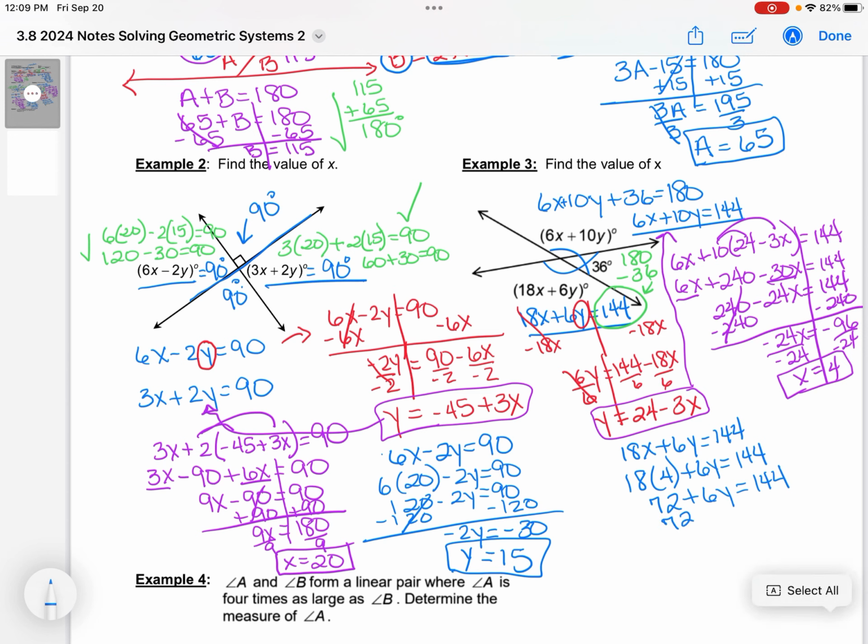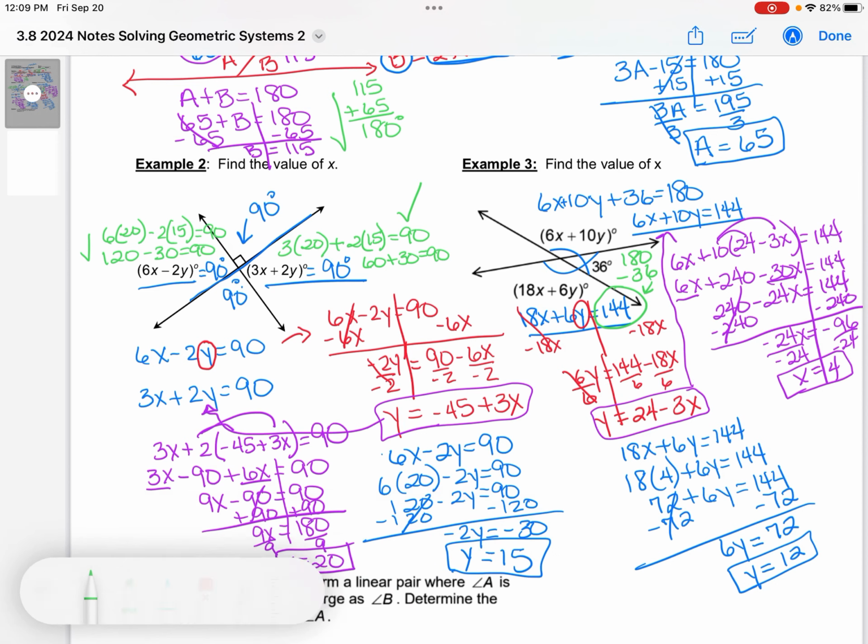So I'm going to subtract 72, and I'm going to check on my phone to make sure that 18 times 4 really is 72. It is. Okay. So I end up with 6y equals 72. y equals 12.